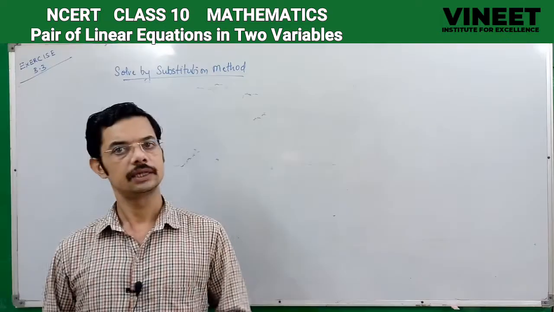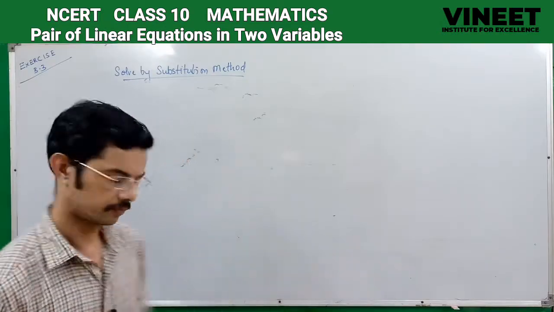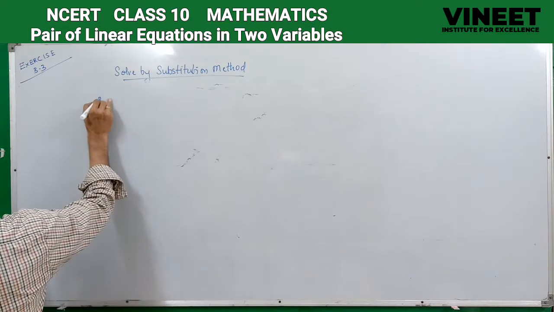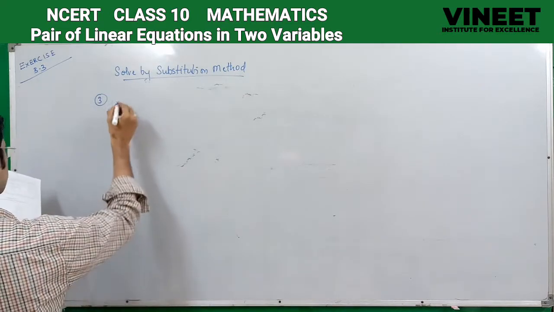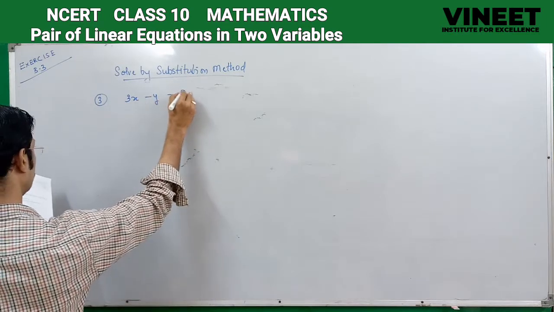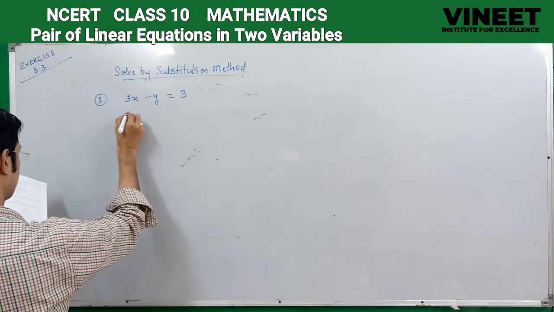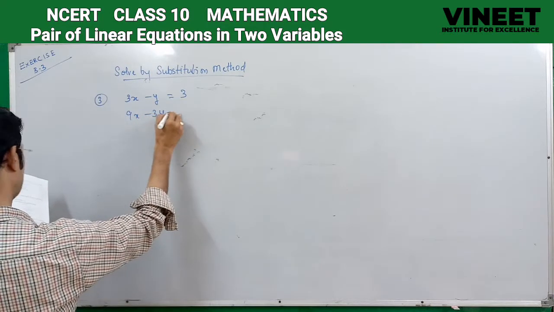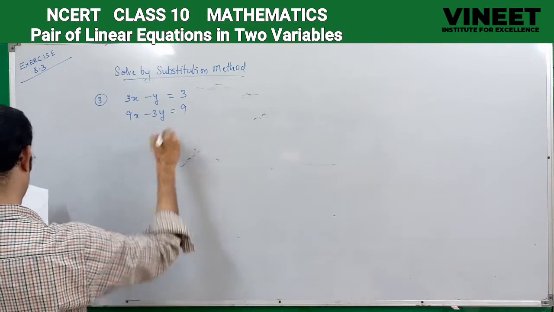Now let us take the third example. Here it is given that 3x minus y equal to 3. The second equation is 9x minus 3y equal to 9.